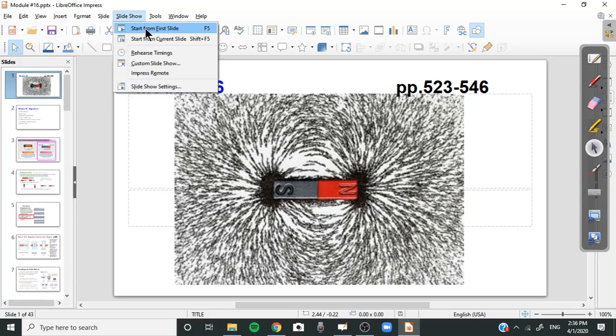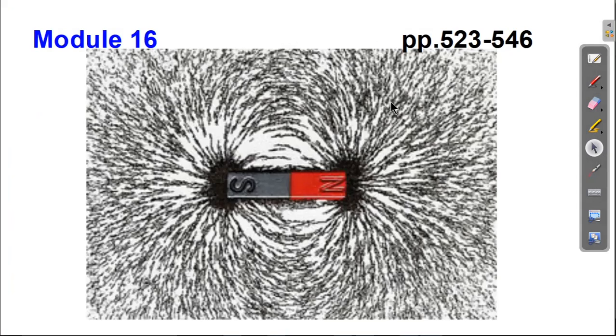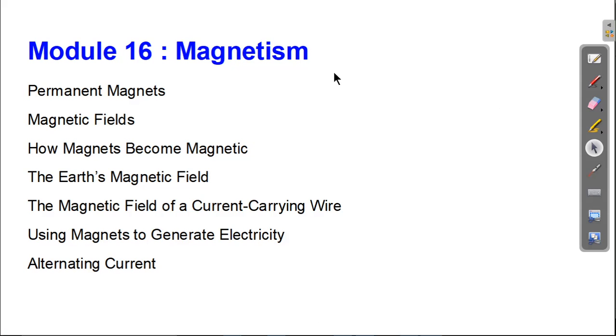So let me get started with the first slide right here. This module is about magnetism, and you're not going to have any math, but there's a lot of conceptual information you're going to have to understand and memorize.